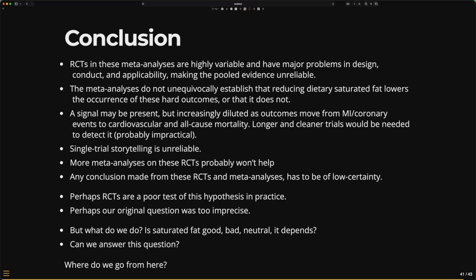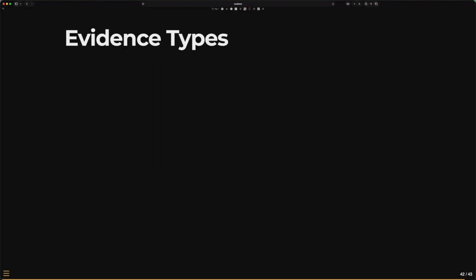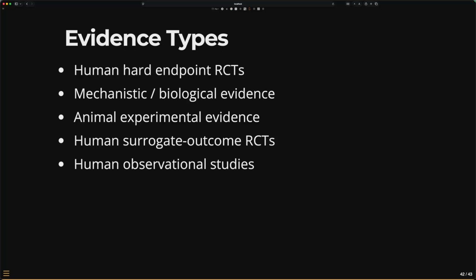We don't have our gold standard evidence that's clear from randomized controlled trials. But of course, like I said in the beginning, there's many other evidence types. We can look at mechanistic evidence. We can look at animal experiments. We can also look at human surrogate outcome markers.